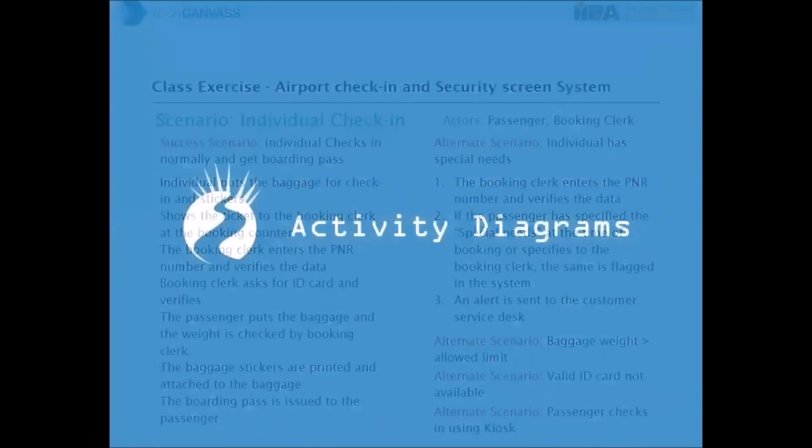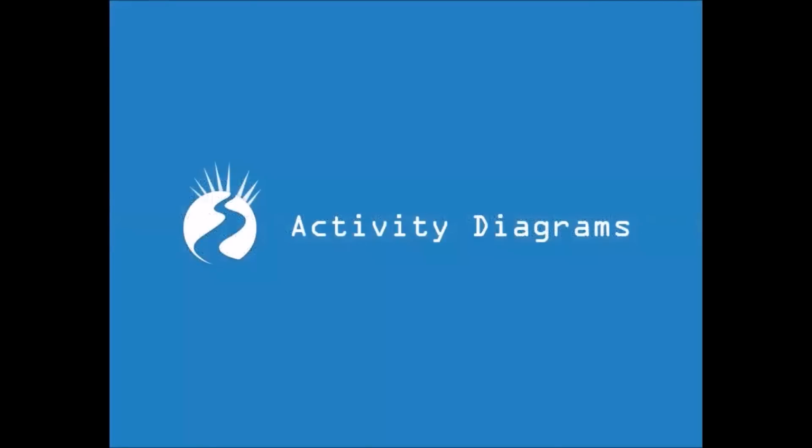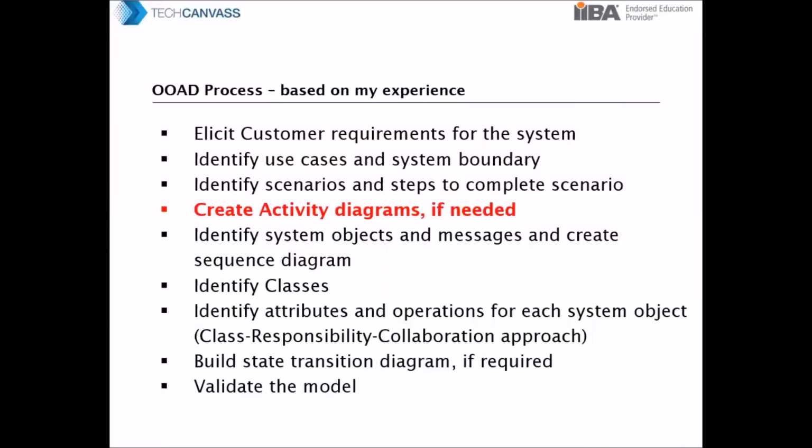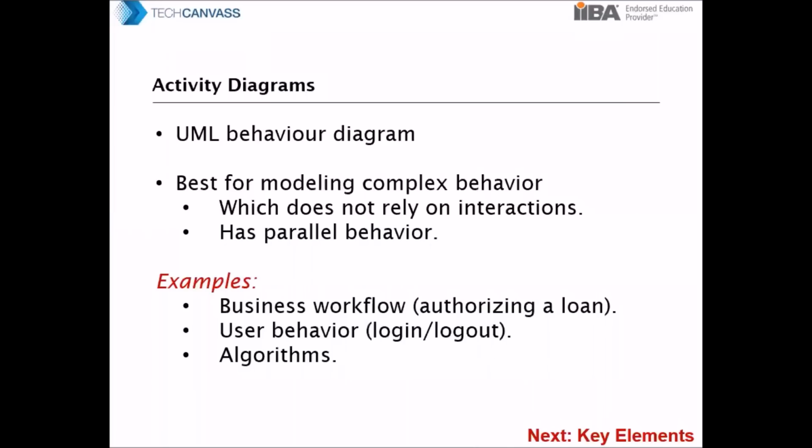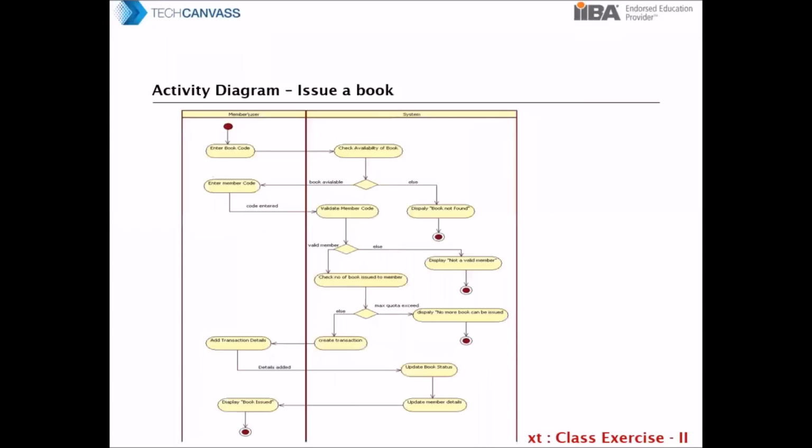Once we have done this, the next step, if required, is to draw activity diagrams. Activity diagrams are very similar to flowcharts. They are created to give a visual representation to business workflows, to understand user behavior, or to understand algorithms. That's how activity diagrams are made.